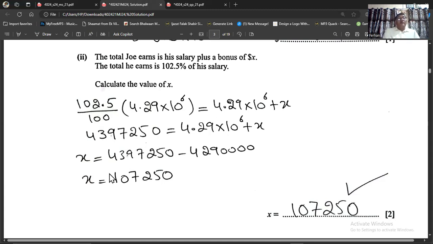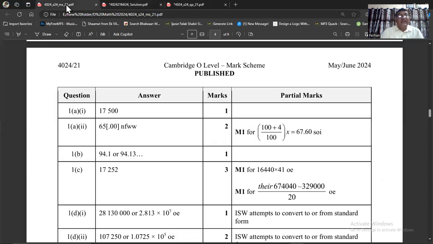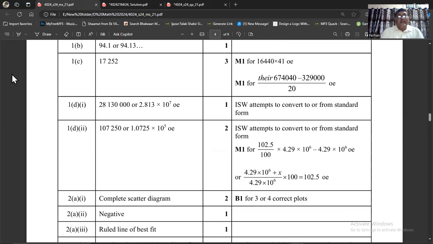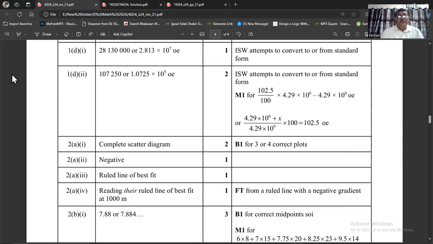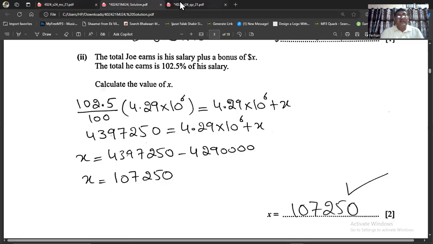So 4,397,250 minus 4.29 x 10^6 will be equal to 107,250. So the value of x is 107,250, which is the right answer, sir.